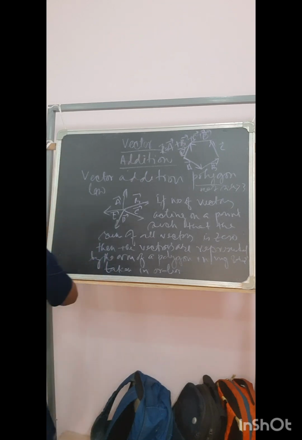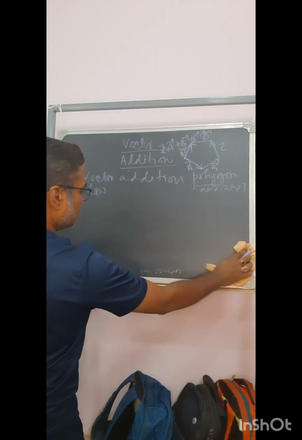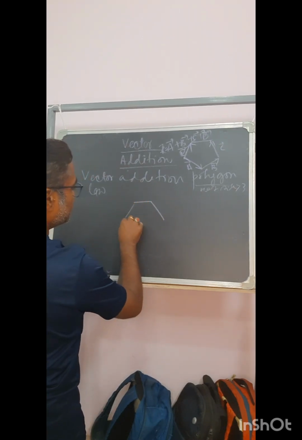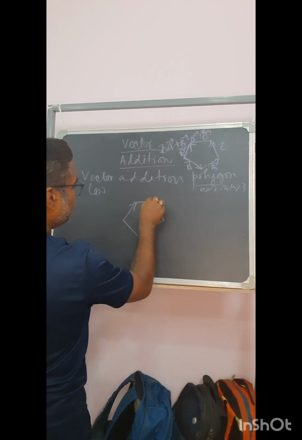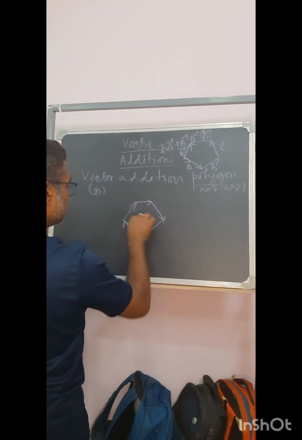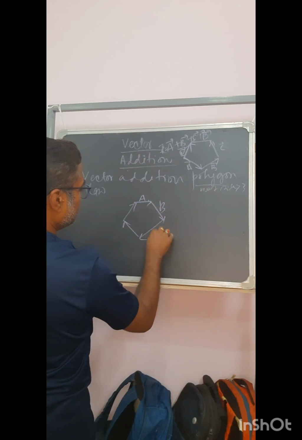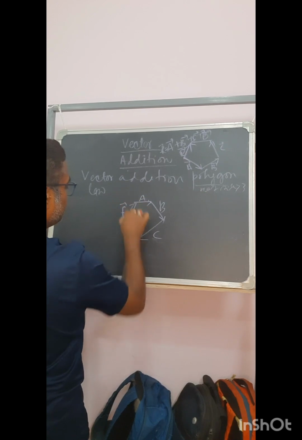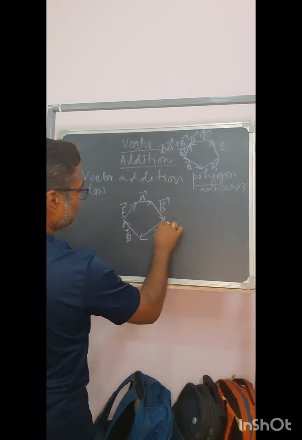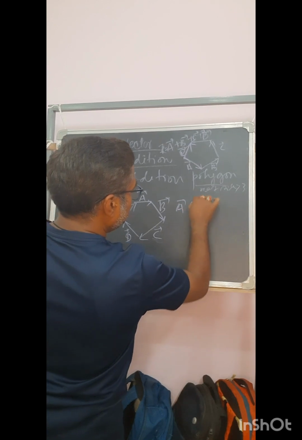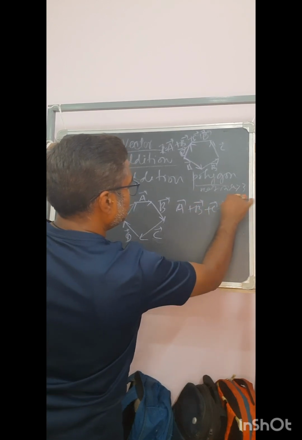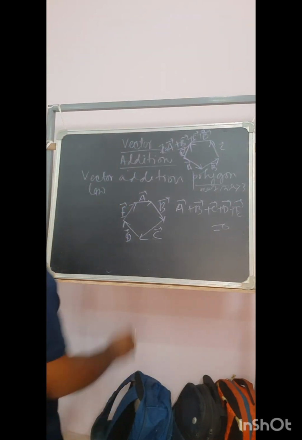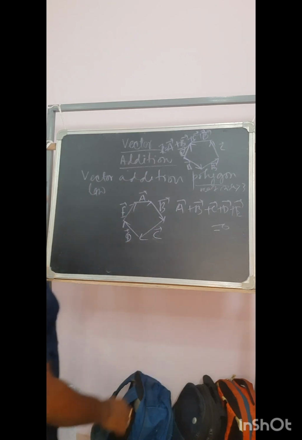So that is the same repetition of the triangle, but in this case it is taken as a polygon. If I explain the second part: A, B, C, D, E. If 5 vectors are acting on a point and the resultant of all these 5 vectors is 0, A plus B plus C plus D plus E equal to 0, then it will be represented by the sides of a polygon taken in order.